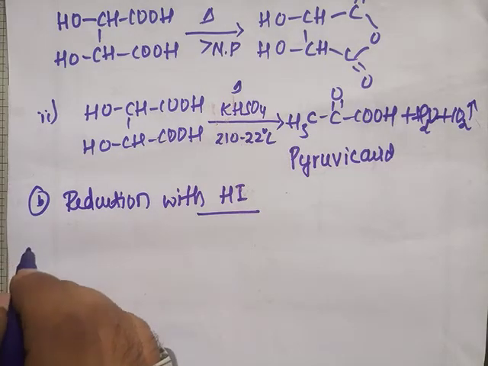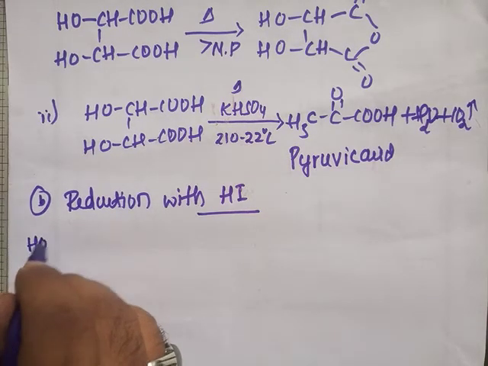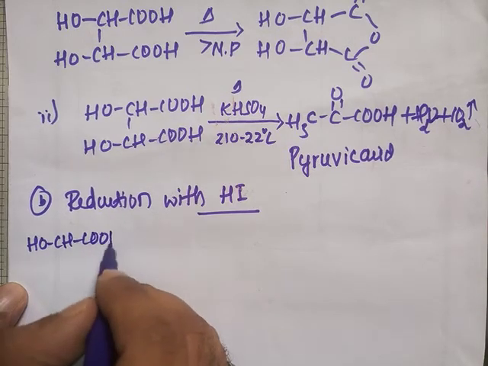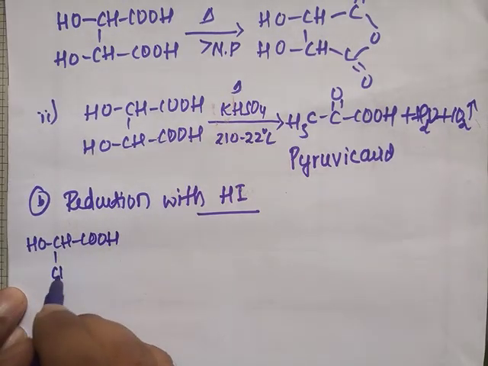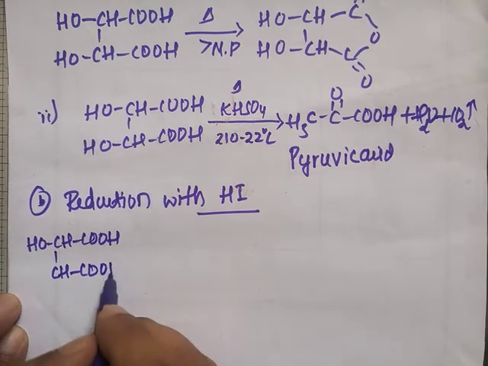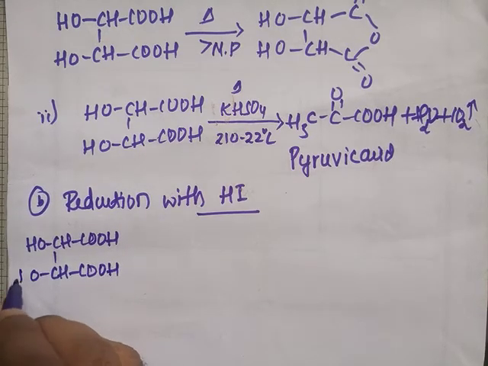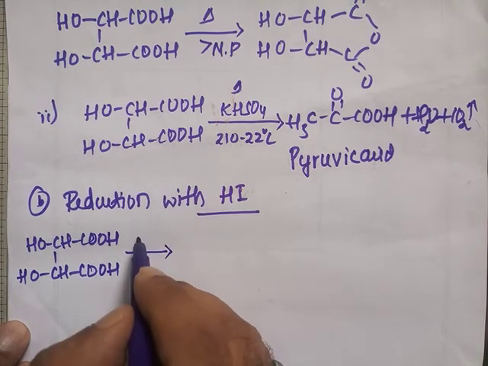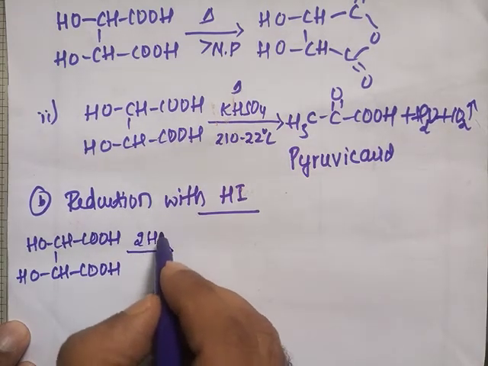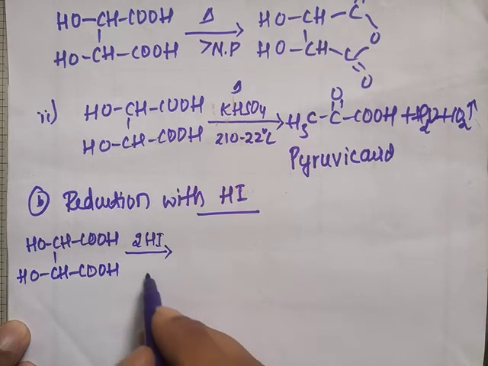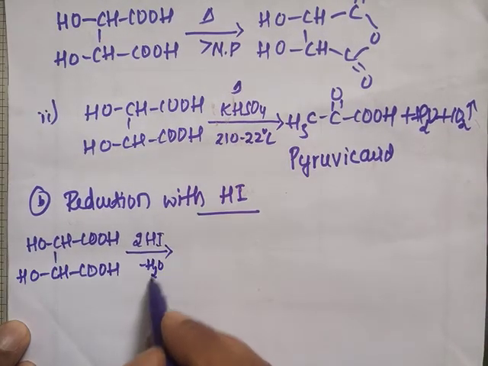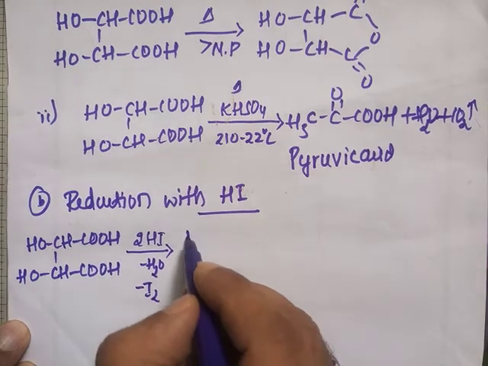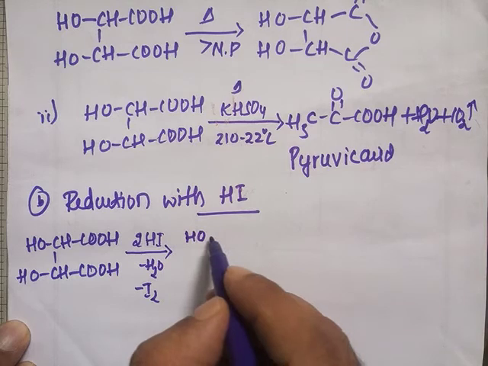Let us see its reaction. When tartaric acid is reduced with hydroiodic acid, one water molecule and I2 get eliminated to form malic acid.